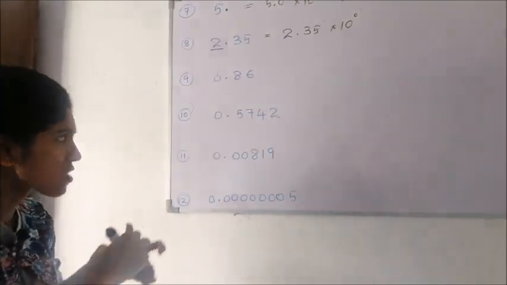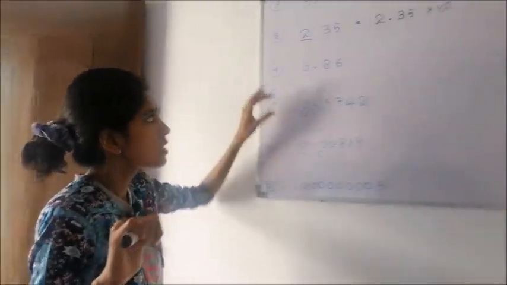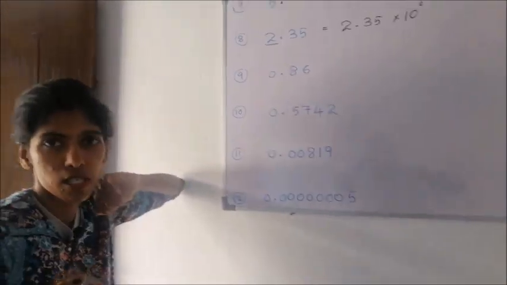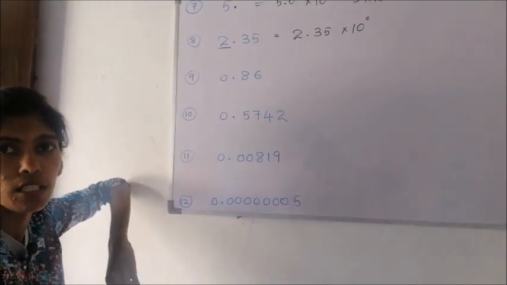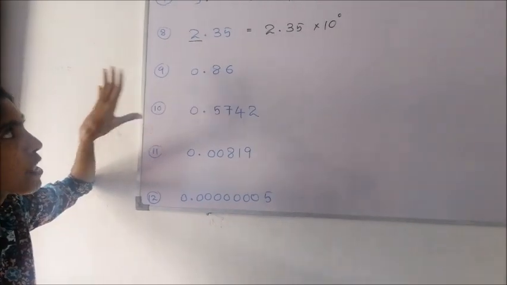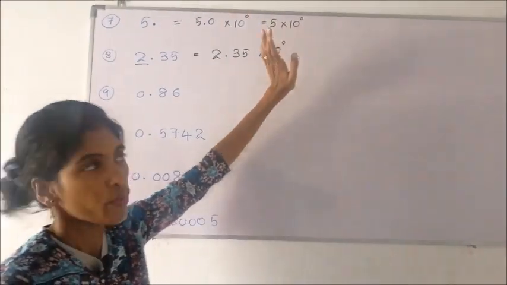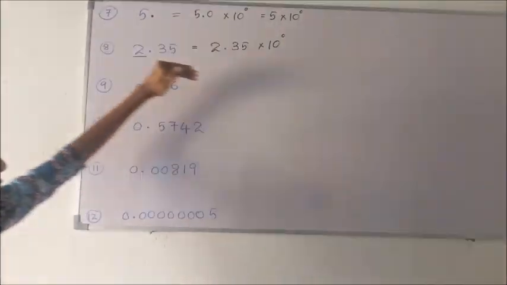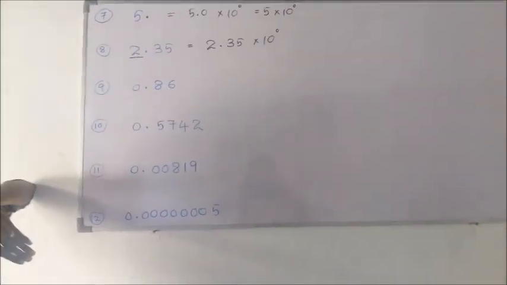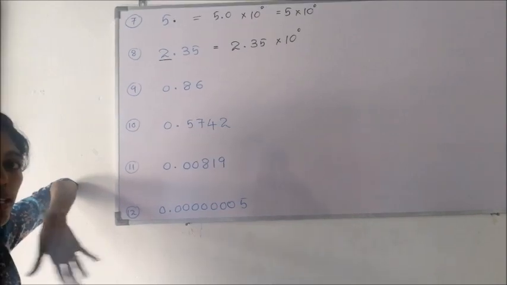Next, see children, what is the special thing that you can see in these numbers? Not like earlier numbers. Earlier, in all the numbers, we could see that the power, the index is positive or a 0, right? But here children, in these numbers, the index must be negative. Why is that?